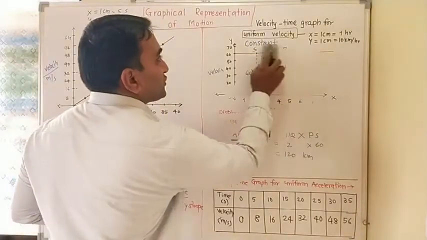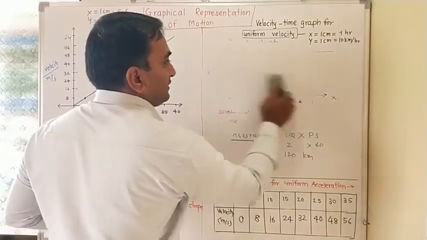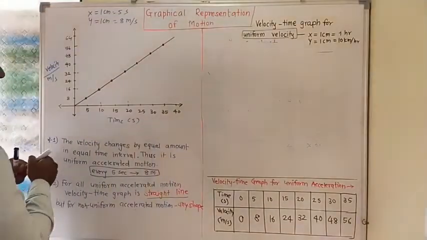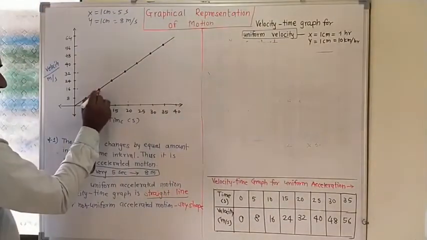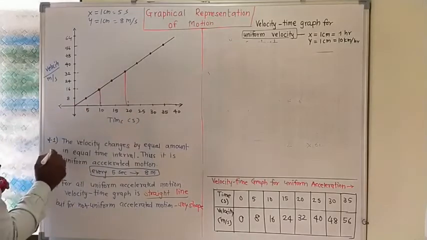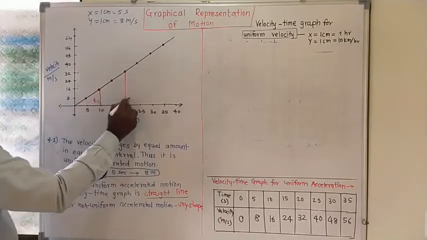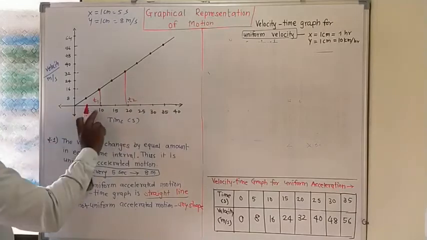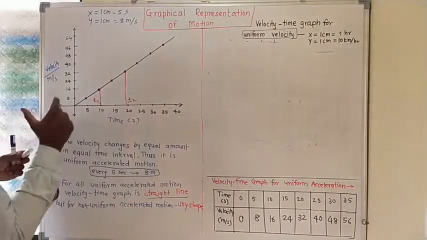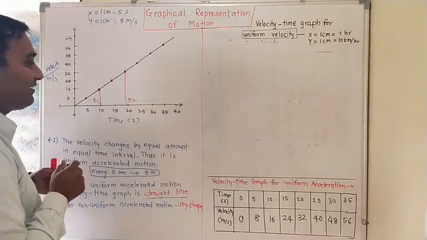So here we also have one graph. See what kind of graph we have here. Suppose here the time interval is 10, here 10 to 20. So here we have T1, here we have T2. So from T1 to T2, how much distance will that train travel?